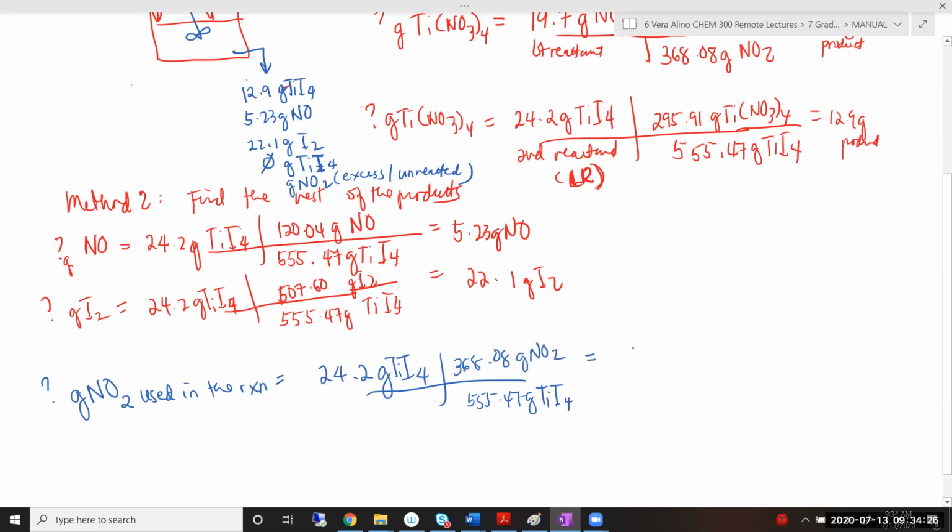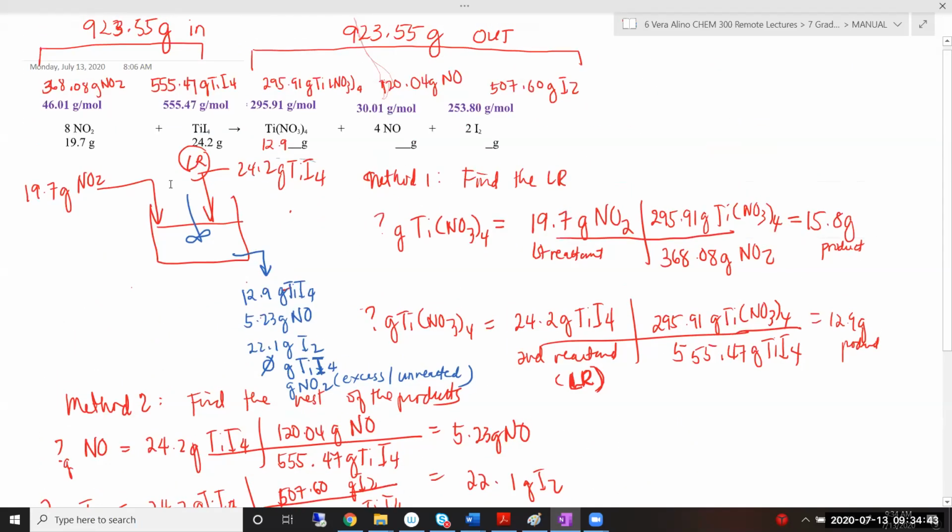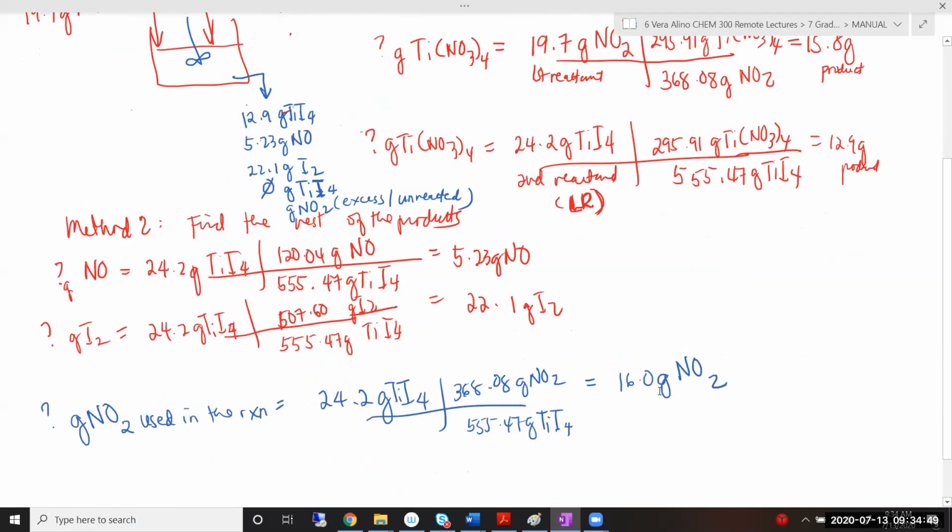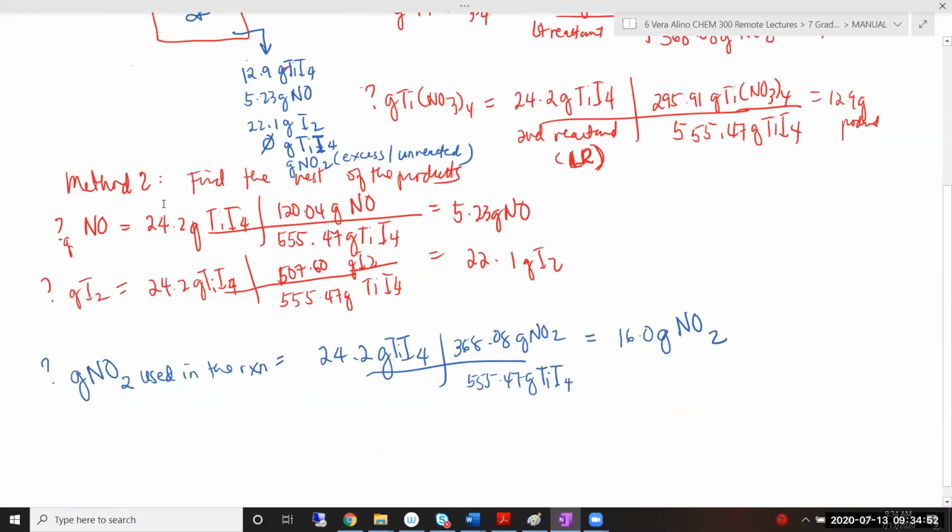And it tells me that the amount that is used in the reaction is 16 grams. Okay, so remember, you dumped in 19.7 grams of NO2, but only 16 grams of that is used in the reaction. That means to say what is left unreacted is what you dumped in minus what is used in the reaction. That gives you 3.7 grams.